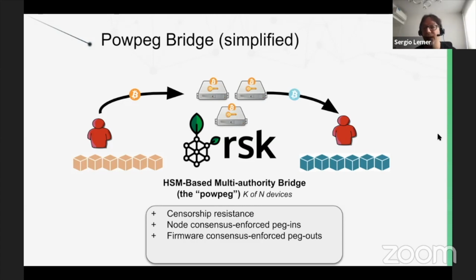Each one of these devices is following RSK consensus, so it's actually validating the hash rate of the RSK blockchain, right? So even if I have full control of this box, I won't be able to have access to this private key. And this HSM federation works as a K out of N multisig. So there are currently 11 devices, and you need 6 devices to be in consensus and to be able to perform a peg-out.